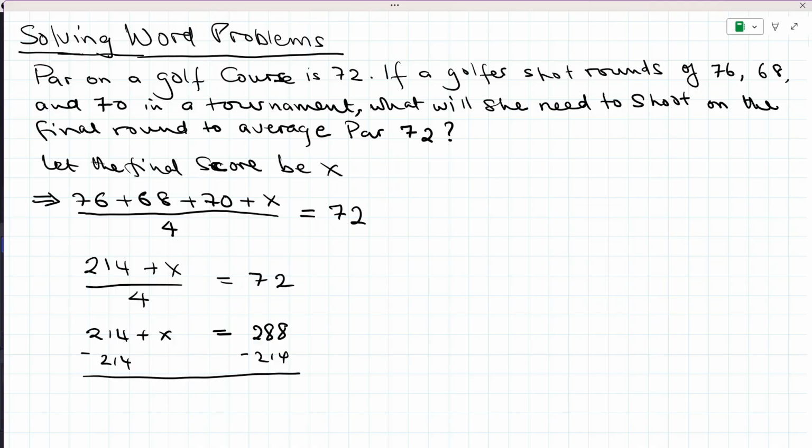And on the left-hand side, we'll have X is equal to 288 minus 214, which is 74. So that's what our final answer will be. X is equal to 74.